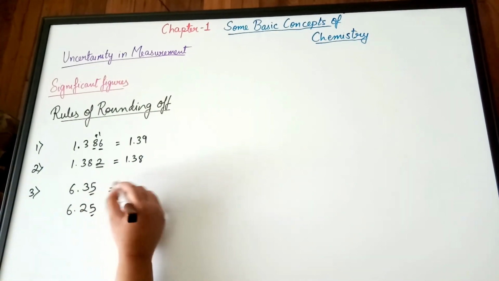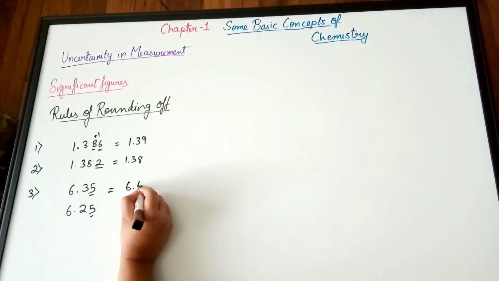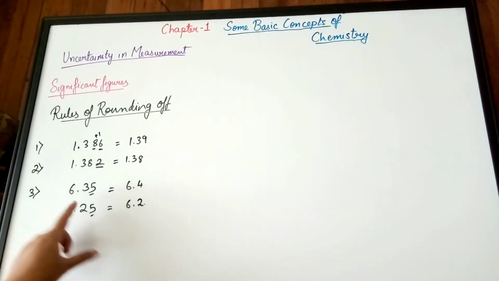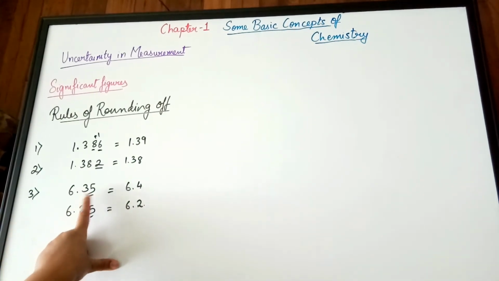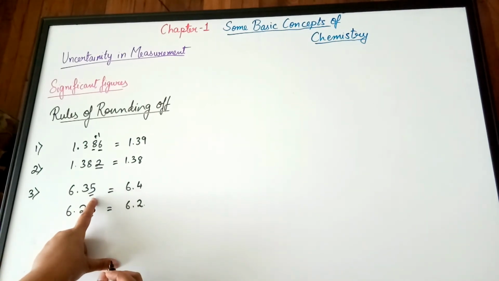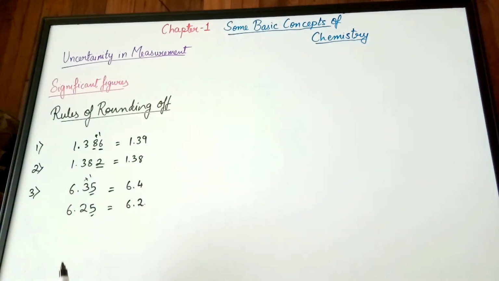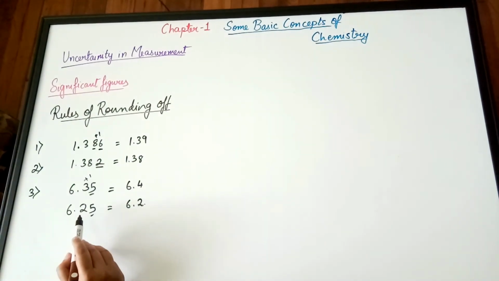In 6.35's case, we will change it to 6.4, but in 6.25's case, we will change it to 6.2. This shows that if the 5 has to be removed and the preceding number is odd, then plus 1 is added. But if it is an even number, there is no change in its value.